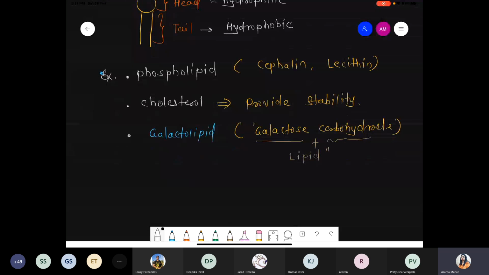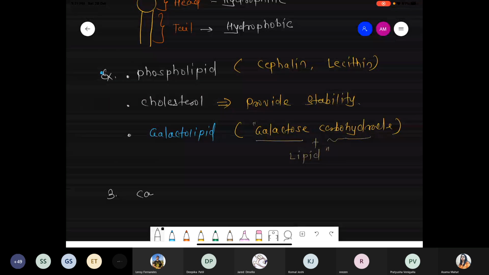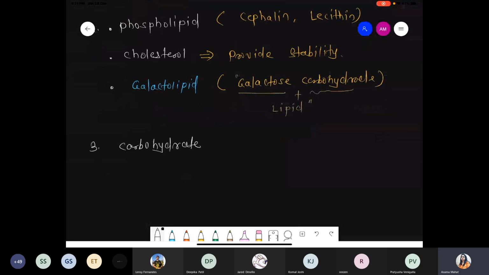And the last part, we are talking about the carbohydrate, which is in very low concentration, 1 to 5%. Now when we are talking about carbohydrate, there are many carbohydrates, for example simple sugar is present, like hexose sugar without any combination.